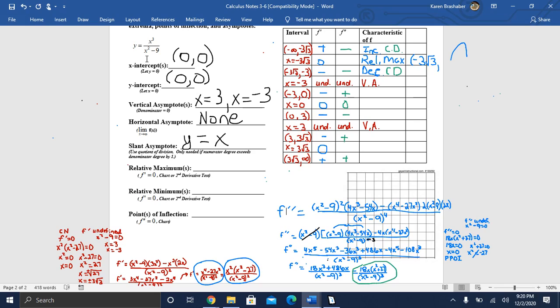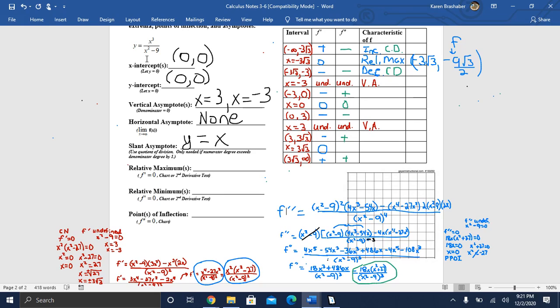And then you would need to substitute that negative 3 square root 3 into the original problem. So be sure that you substitute it into f. And in so doing, you would get negative 9 square root 3 over 2. And that would be your ordered pair that is the relative maximum.